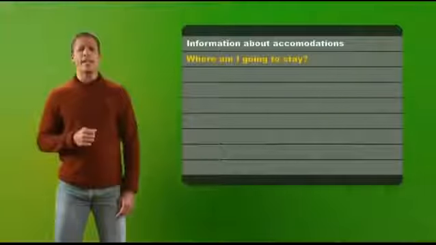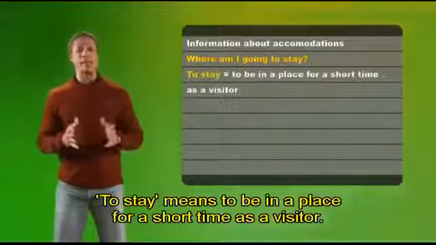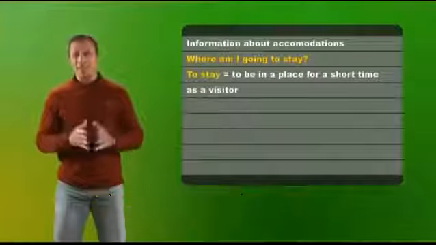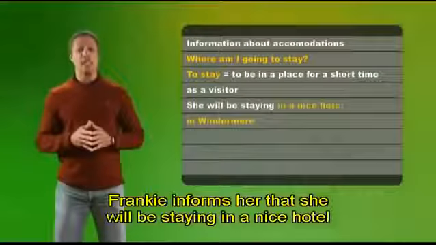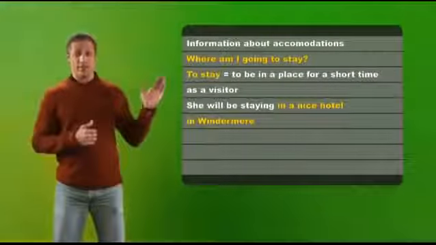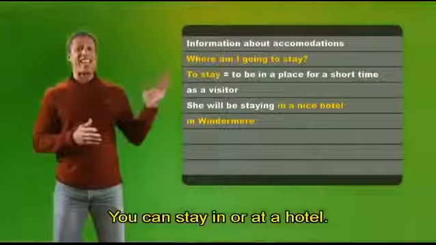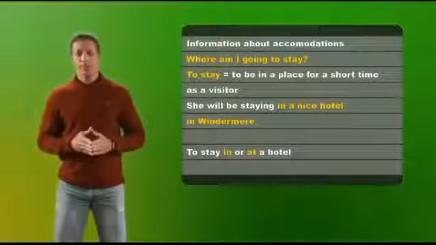Where am I going to stay? To stay means to be in a place for a short time as a visitor. Frankie informs her that she will be staying in a nice hotel in Windermere. You can stay in or at a hotel.